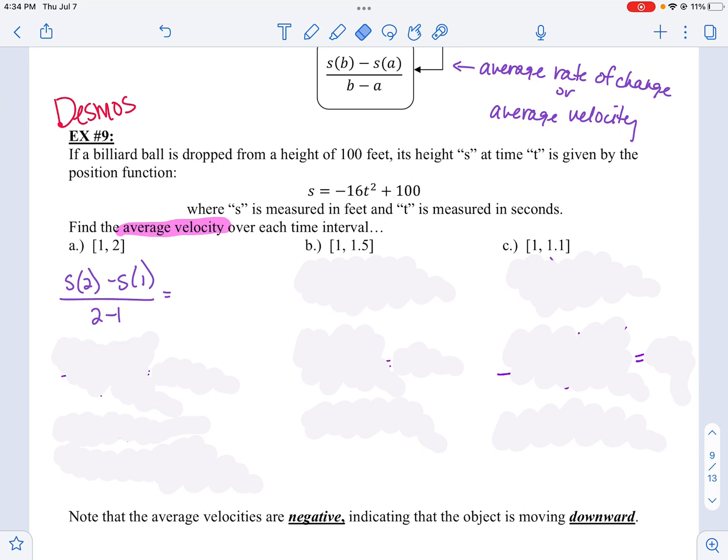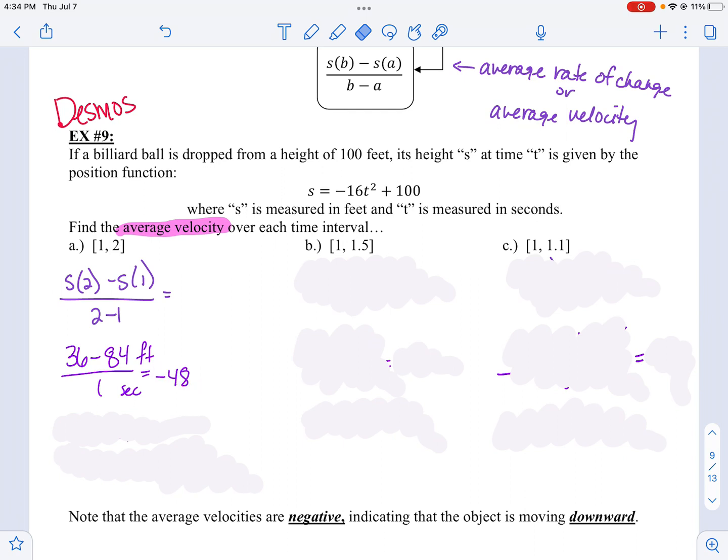So when we're substituting in and we're plugging in 2 for our t, and 1 for our t, what we're really finding is our ball's position, in feet. When we take our 2 minus 1 in the denominator, what we're really doing is finding our change in time in seconds. So you can see that I've put my units there to help me figure out what our answer represents.